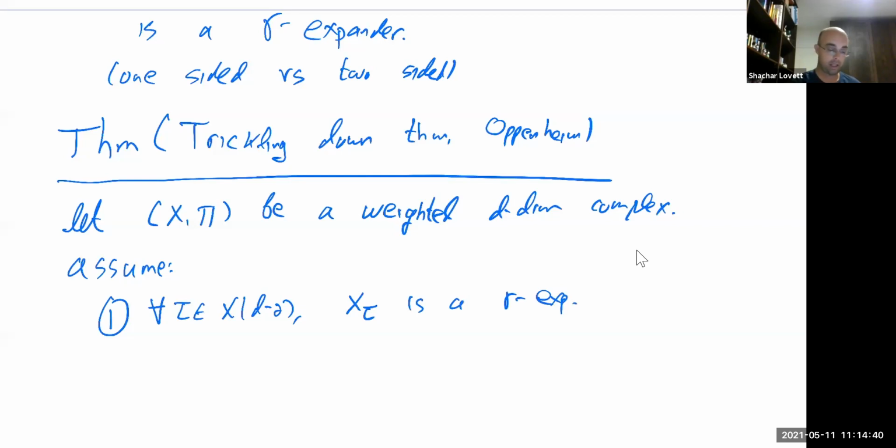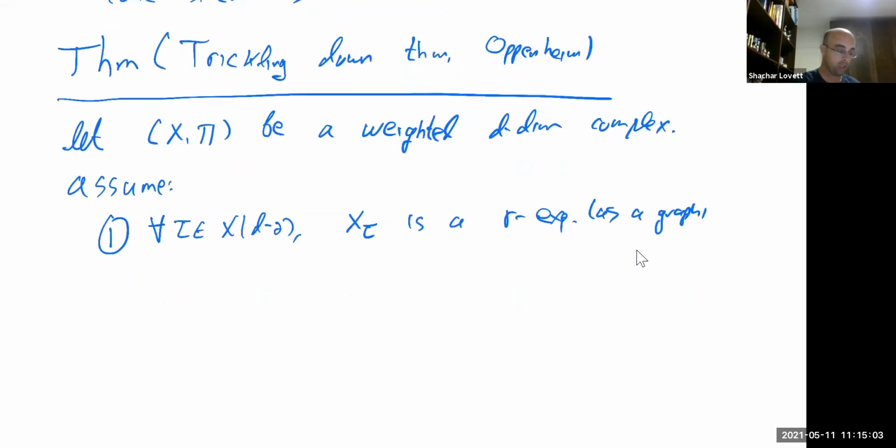Now, remember, when we're at level d minus 2, then we have d minus 1 and d, which just give us the nodes and the edges. And actually, we're going to see that verifying that is sometimes much easier than for lower level complexes, because they have simpler combinatorial structure. So this is one condition.